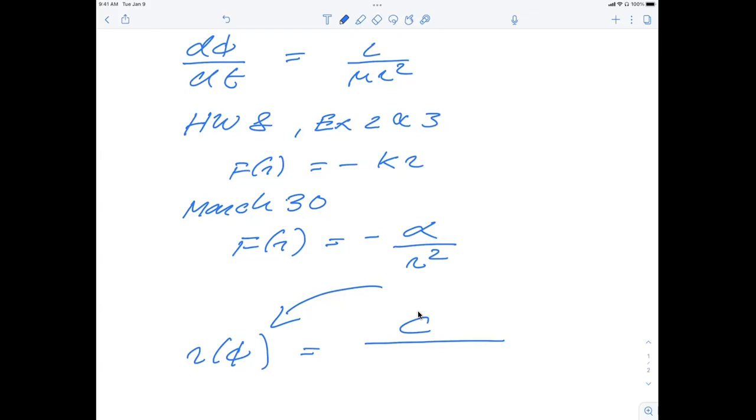And the thing which is neat with this change, which we could do because we went to the center of mass frame, is that since we only had internal forces, and a force which depends on the relative distance, angular momentum is conserved. When angular momentum is conserved, it means that we can just look at motion in a plane. And motion in a plane means that we can then just look at x and y, or we can look at just r and phi.